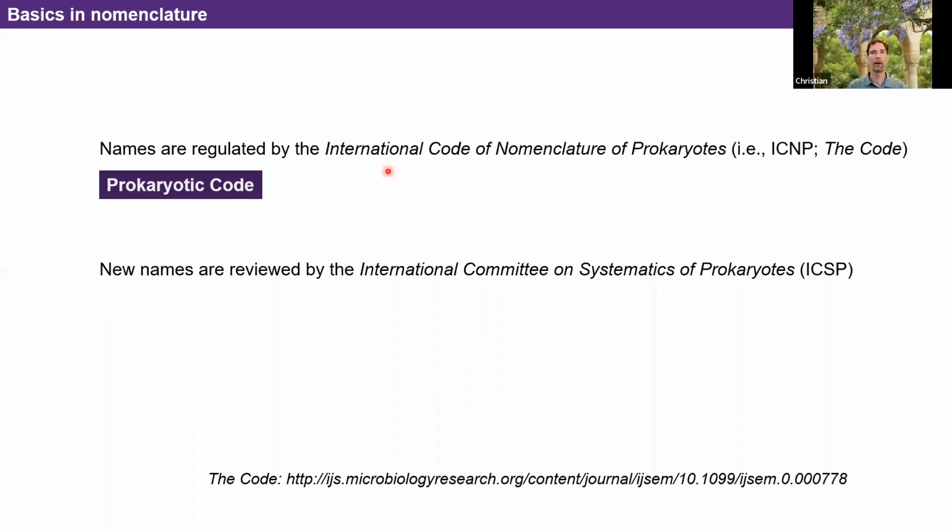Now, if there are new names proposed, right, they are reviewed by a committee, and that committee is the International Committee on Systematics of Prokaryotes. Abbreviation is ICSP here. And this committee reviews those new names and decides then if they work with the rules of the code and if they can be included, right?